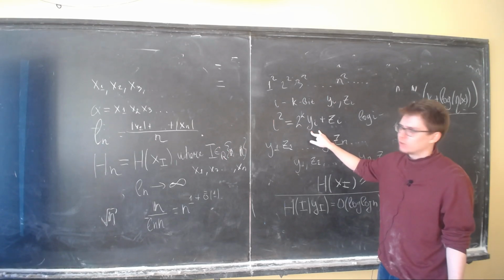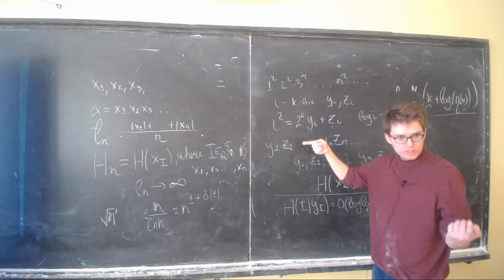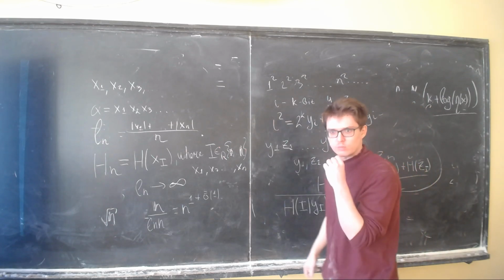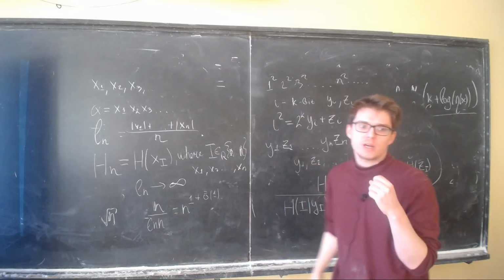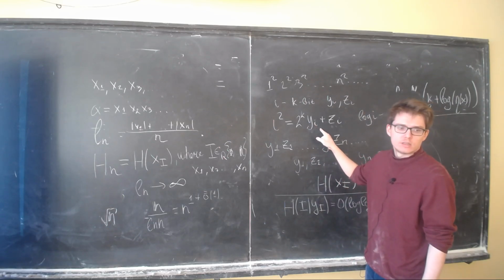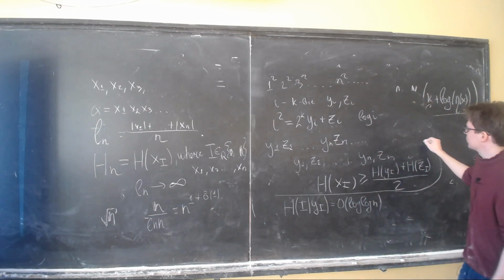Why is that? Because if you fix k, there are log n possible lengths. And for each length we will show that there is at most a constant number of i's which can give me some fixed y_i. So why is that?